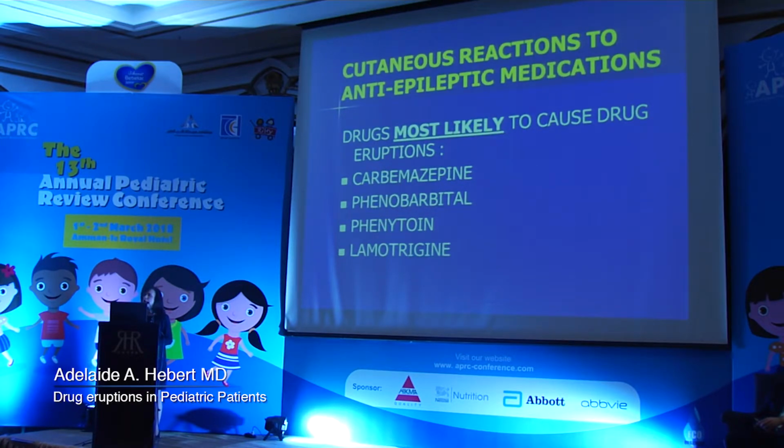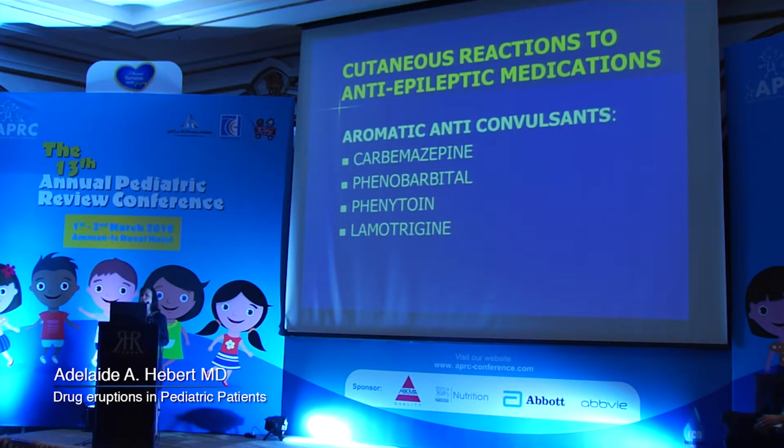Now again, the drugs most likely to cause an eruption in a patient prescribed these for seizures are carbamazepine, phenobarbital, phenytoin, and lamotrigine. And there is a common portion of the chemistry of each of these agents that leads to the commonality of the drug eruptions, and I'm going to visually display this for you.